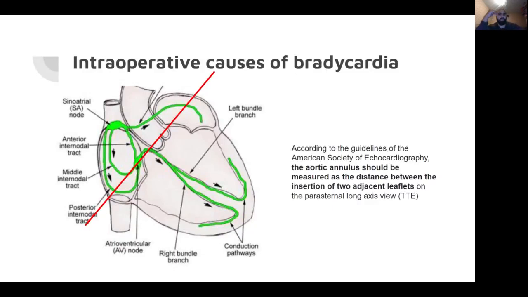Because if you go back to your basic physiology, the reason that the sinoatrial node is the pacemaker is because it has the fastest rate of depolarization amongst all the specialized conduction myocytes in the heart. If you block the AV node, then the pacemaker cells for the ventricle will be cells within the ventricle itself, and the ventricle's intrinsic heart rate is around 40 to 50, but can be even lower than 40.